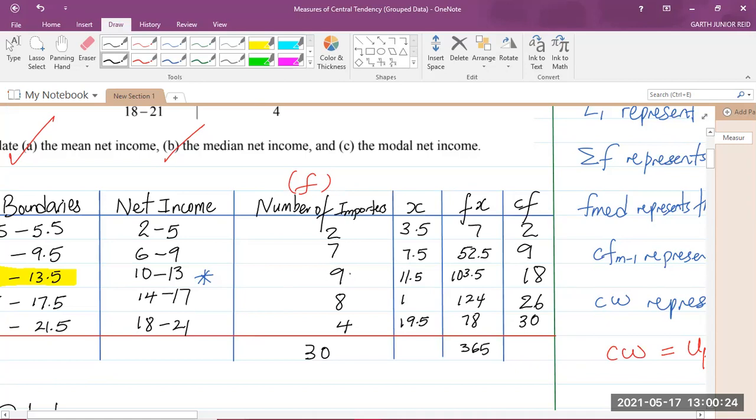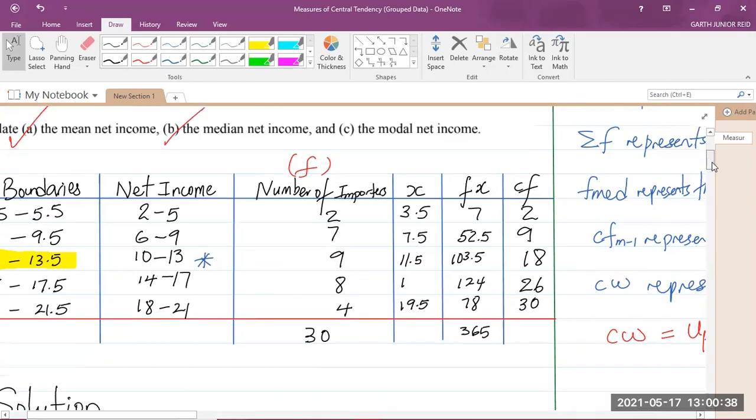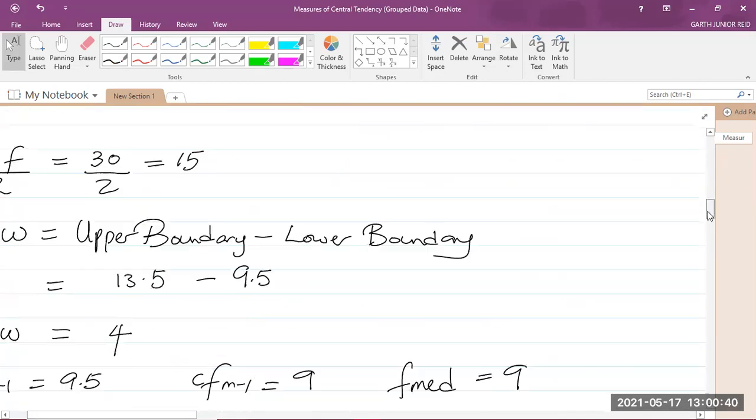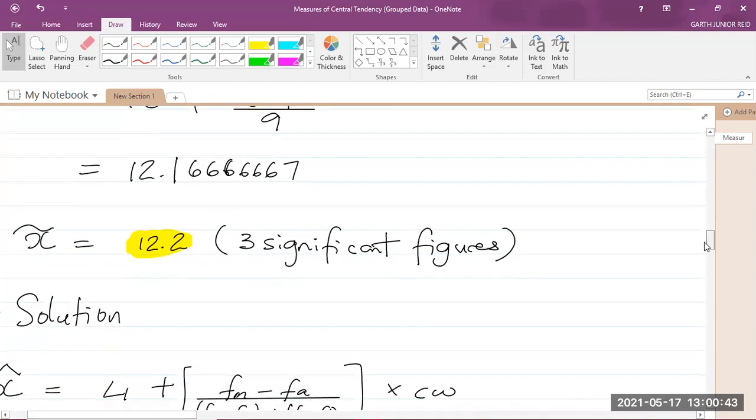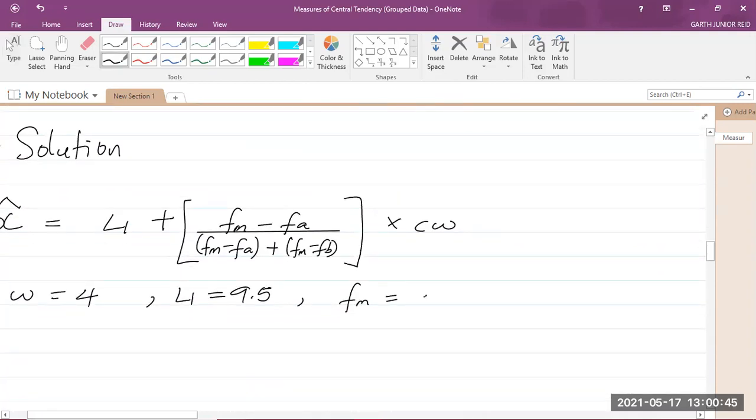So Fm is equal to 9, minus the frequency above, so Fa is 7.